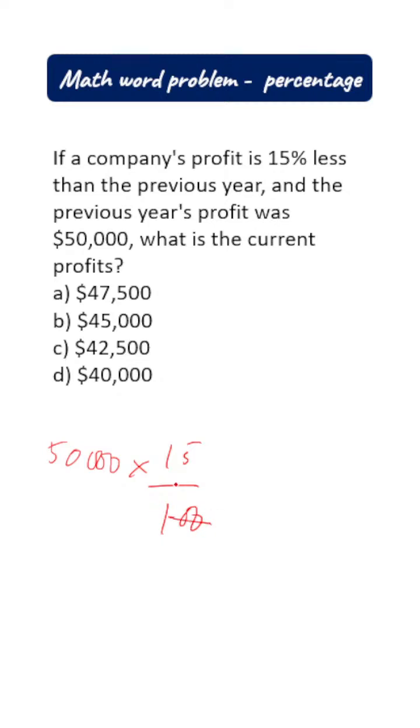When you cancel 2 zeros here, you cancel 2 zeros here. So you have 500 here, and you have 15 here. 5 times 15, that's 75 with 2 zeros. You bring it here. So that's 7,500. Now remove 7,500 from 50,000. You are going to have 42,500.